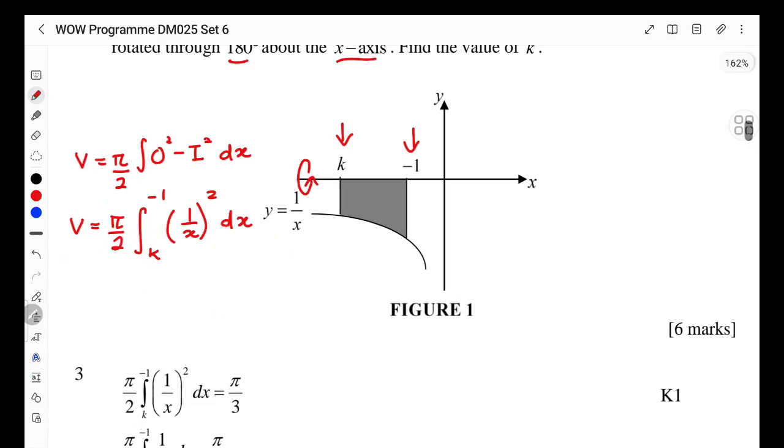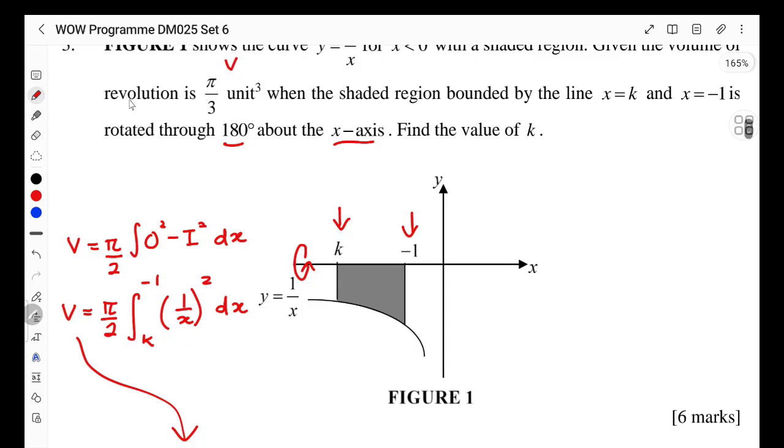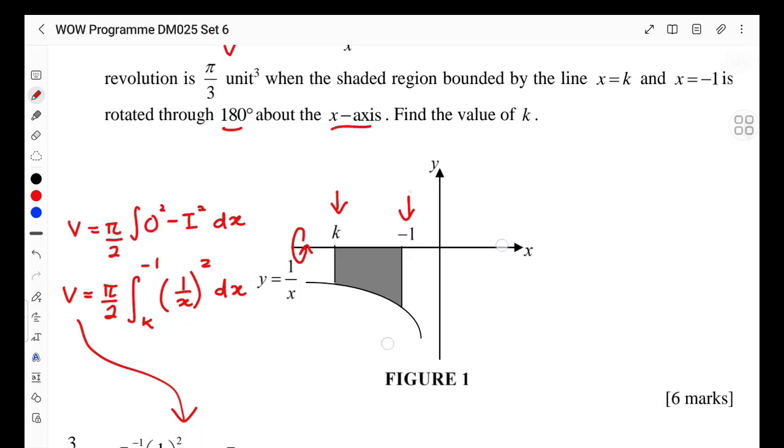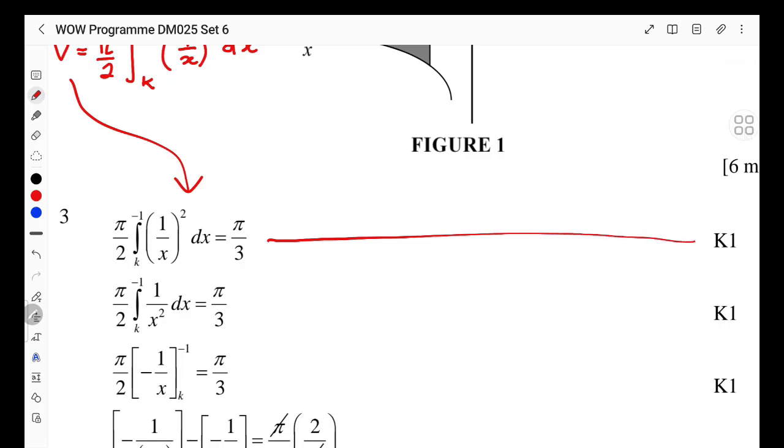Okay, so next, if you can see from the answer scheme here, this volume you equate with pi over 3 because it is given in the question that the volume is pi over 3, because you need to find k. So the first mark is whereby you write down the first equation, equate with pi over 3, and then the second mark is you simplify (1 over x) squared equals 1 over x squared.